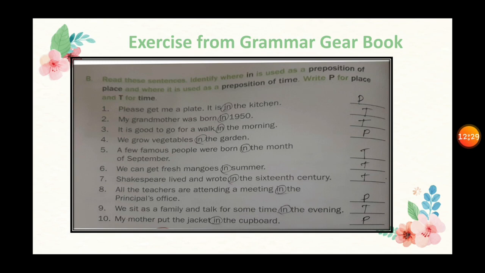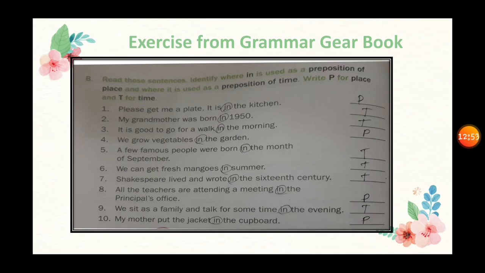Morning, it's a time, obviously, because it's the name of one part of a day. We grow vegetables in the garden. Now you tell me, is garden a time? Obviously not. It's a place. So it's a preposition of place.